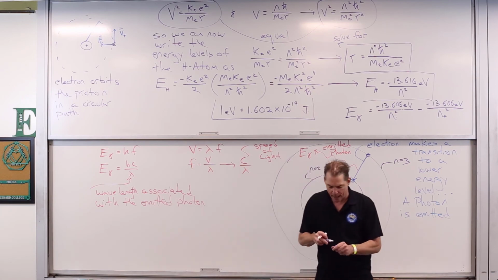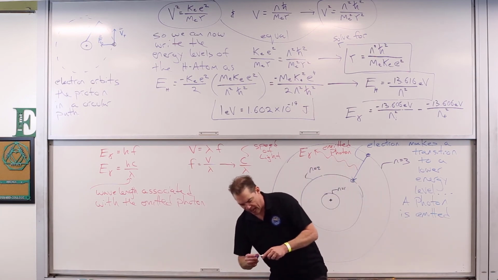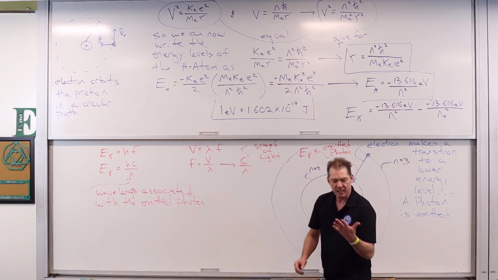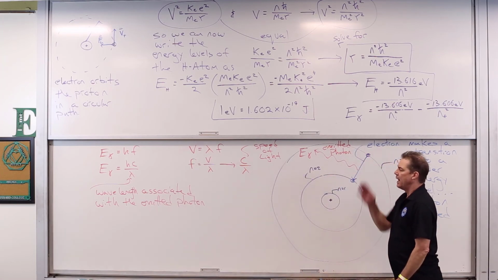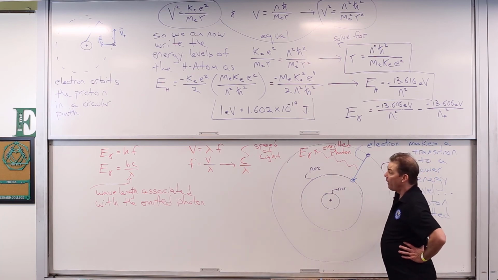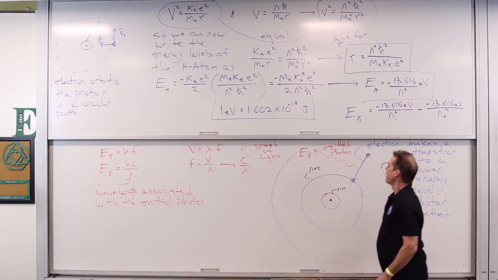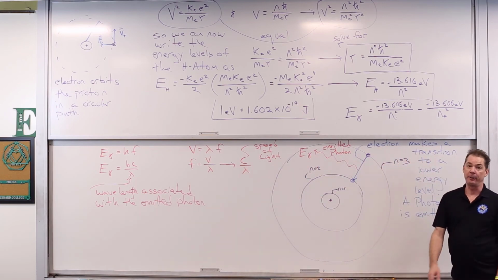And we go back to what we first witnessed, that we had this hydrogen gas. We look at its light as it's passed through a diffraction grating, and we see these discrete spectral lines. And those discrete spectral lines have specific wavelengths that correlate exactly with what Bohr has spelled out here.